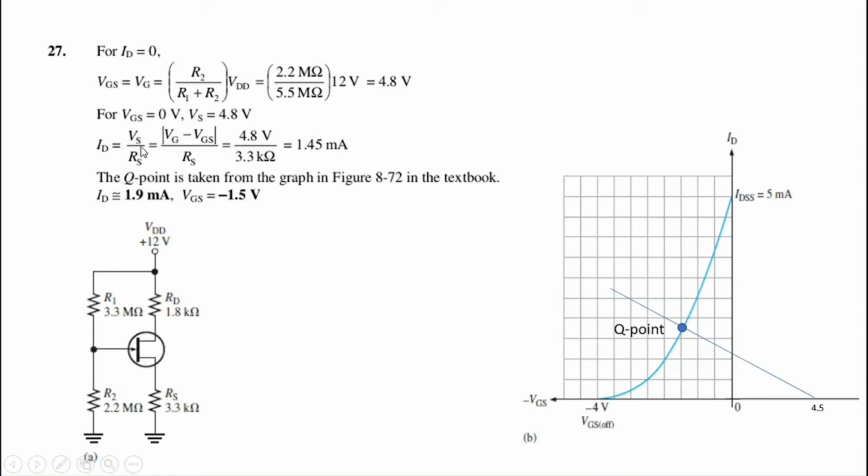Your source voltage is equal to the gate voltage, 4.8 volts, divided by RS, which is 3.3 kilo ohms. So you'll get 1.45 milliamps. That is your second point.